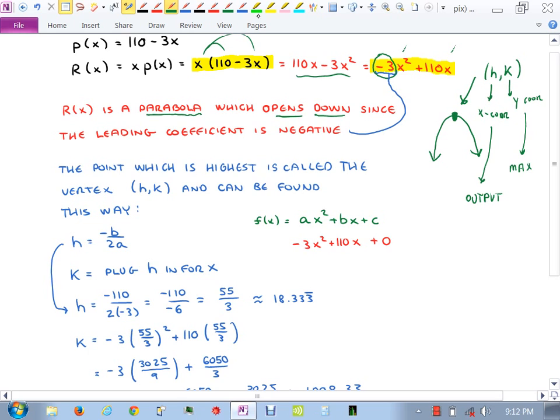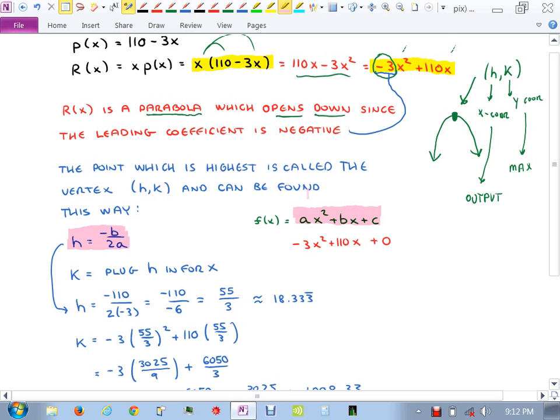So to find h, we use this formula here. I apologize, I've been sick all day. h will always be equal to negative b over 2a. Now, what's negative b over 2a? Well, you have to work off of the idea that every parabola can be written in the form ax squared plus bx plus c.